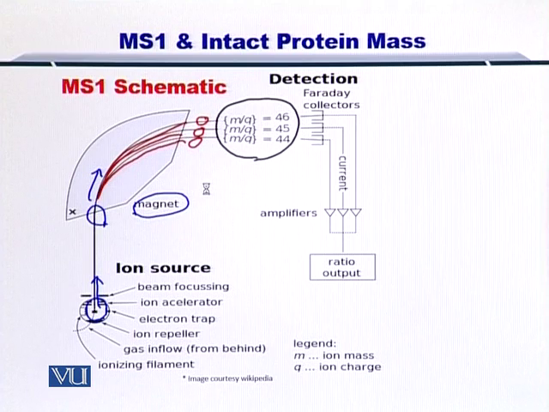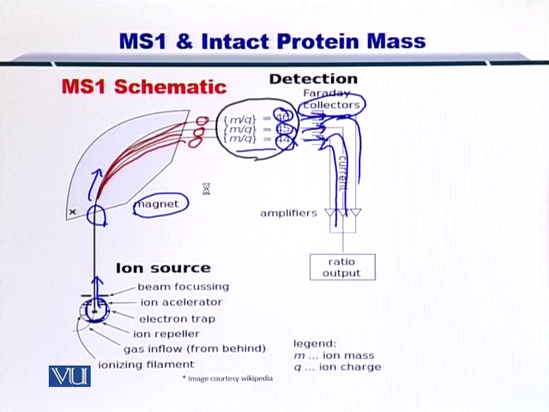Once the mass over charge ratio is measured, there are collectors or detectors at the end of the mass spectrometer, and each mass over charge ratio is collected in Faraday's collectors and is output in terms of a numerical value.